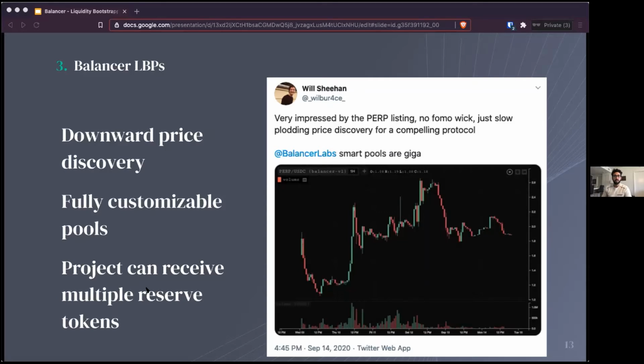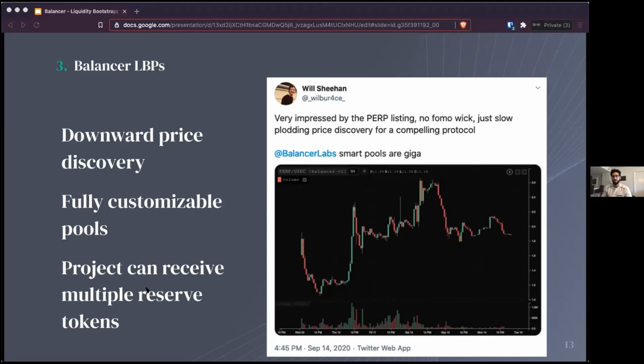But the point is that what that does is it mathematically puts price pressure on the project token downward, and it incentivizes buying of that token in exchange for the reserve asset, so that when you get to the end, you have sold most of your tokens and now you're mostly holding the reserve asset.